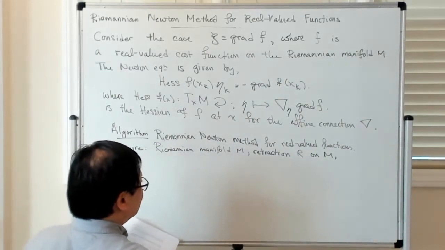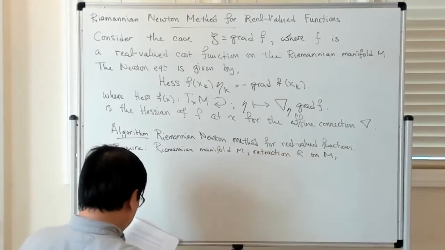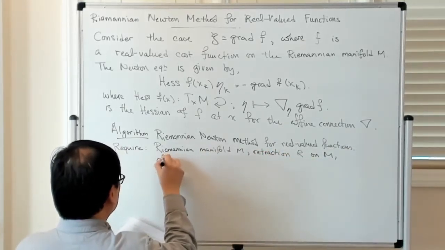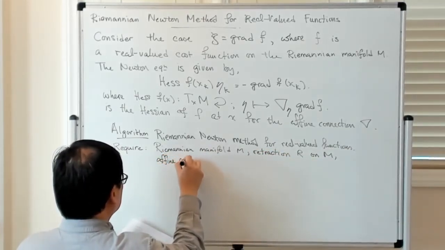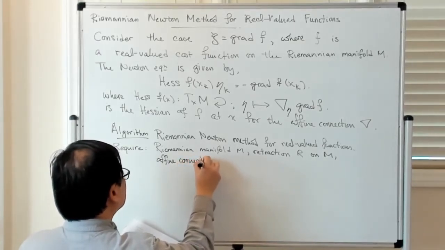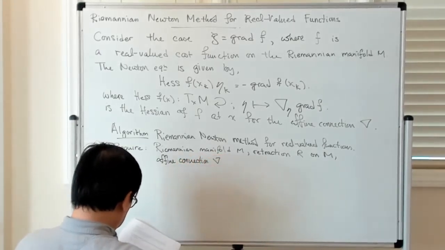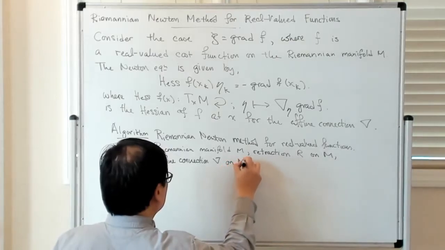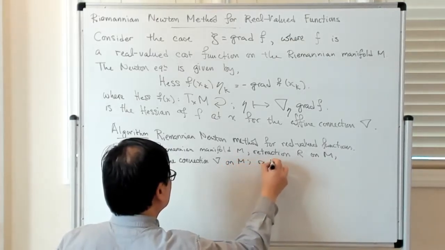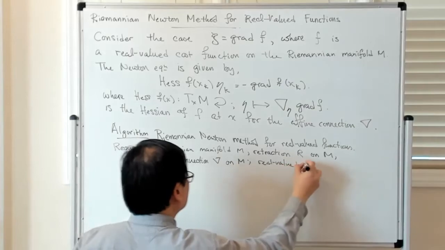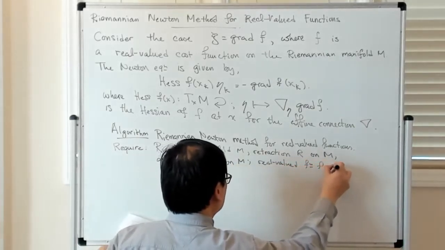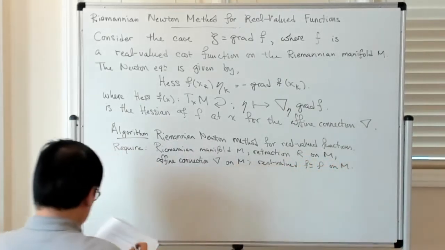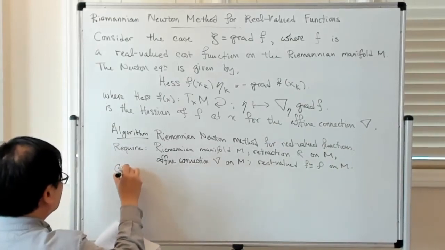Otherwise, you can substitute that with a retraction. You have an affine connection, nabla, on M, and you have a real valued function f on M.